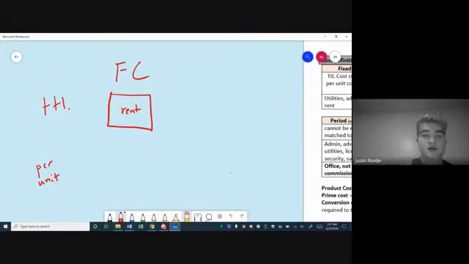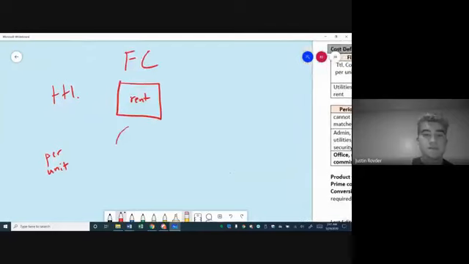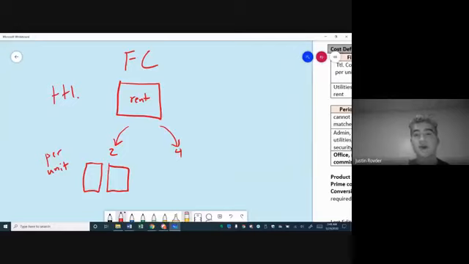So if you make 2 units, then that rent is going to be split up equally between the 2 units. Whereas if you make 4 units, that rent will be split up into 4 separate pieces. So as you see, the total fixed cost stays the same, however, the per unit cost changes depending on how many units you make.